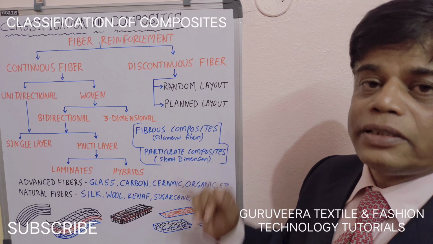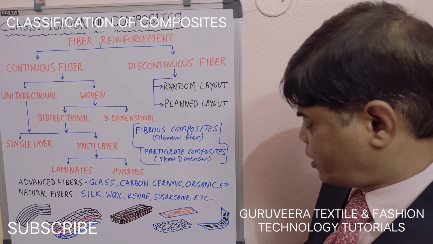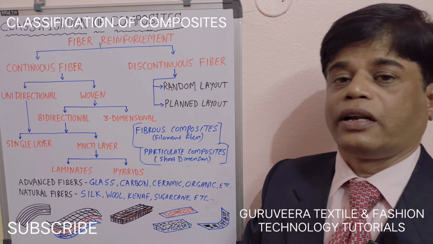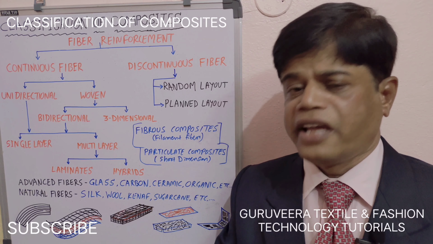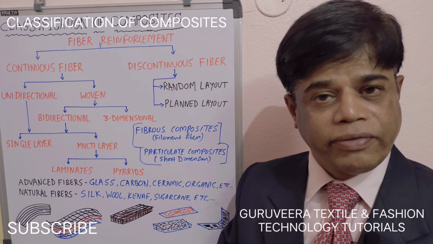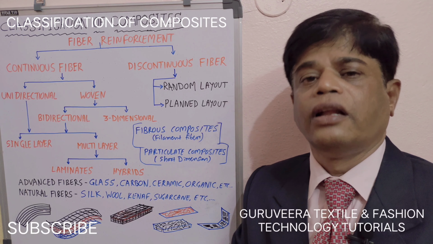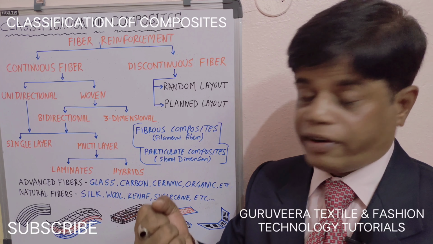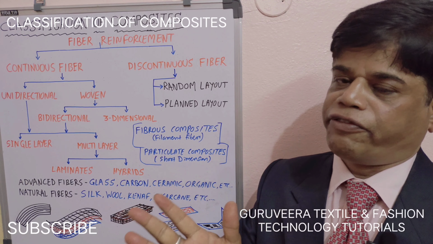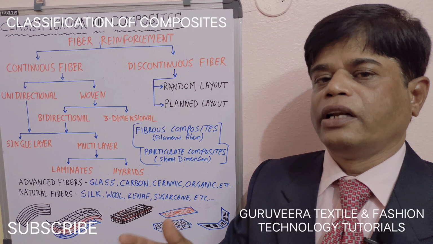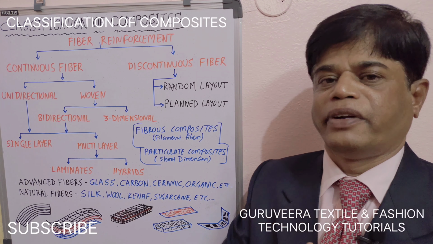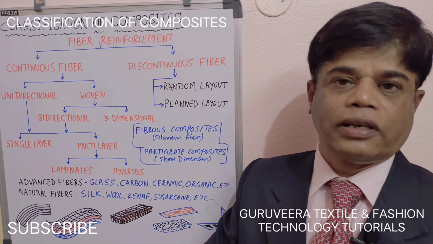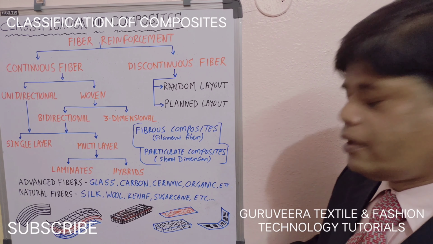And planned means that planning is required. Sometimes some parts of the composite require high strength, some parts require flexibility or foldability, and some parts require stiffness. Like that, different properties are required, so the fiber placement and reinforcement are manipulated.